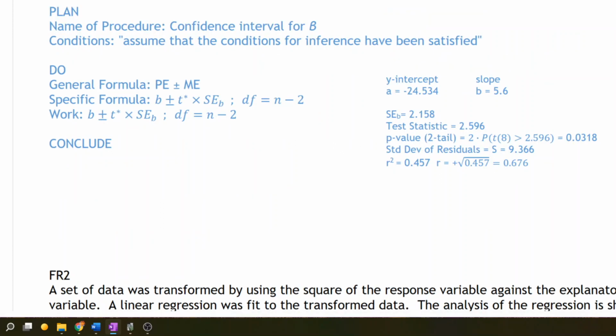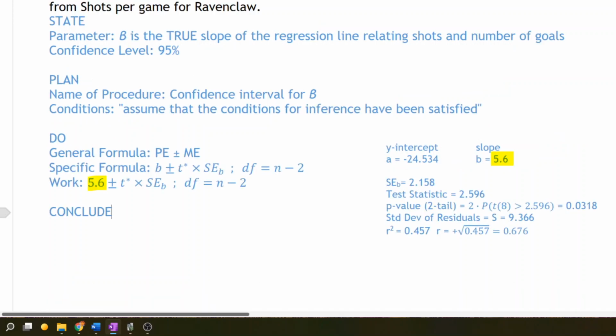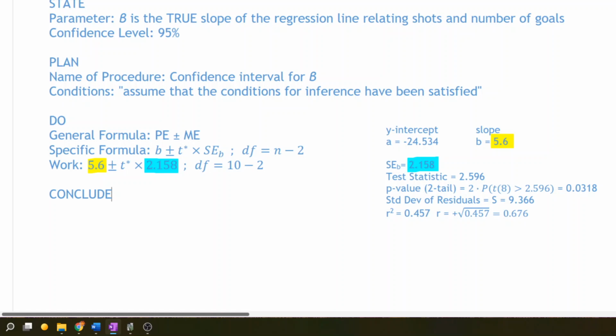Let's bring in that chart once again for the work. The first number we're going to look for is B. B is 5.6. The next number from our chart is SEB. That's 2.158. We have 10 sets of coordinates, so our degrees of freedom will be 10 minus 2.